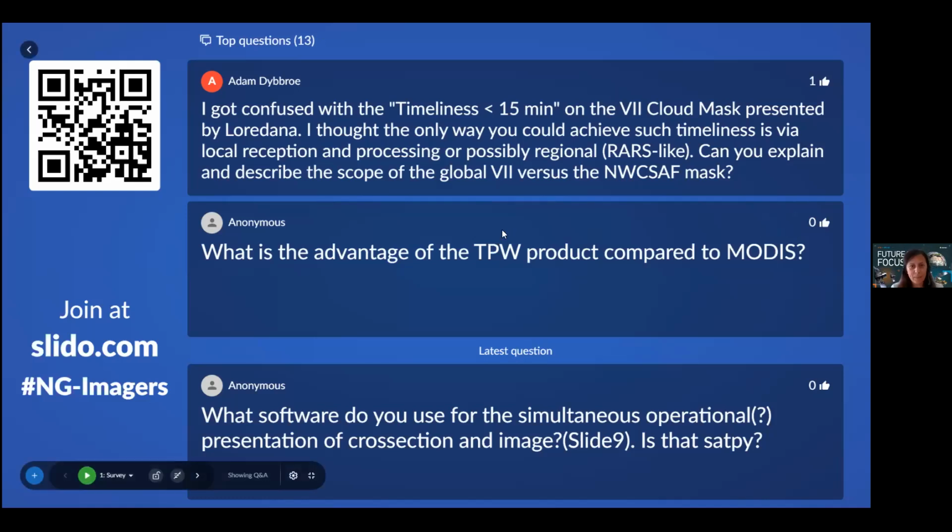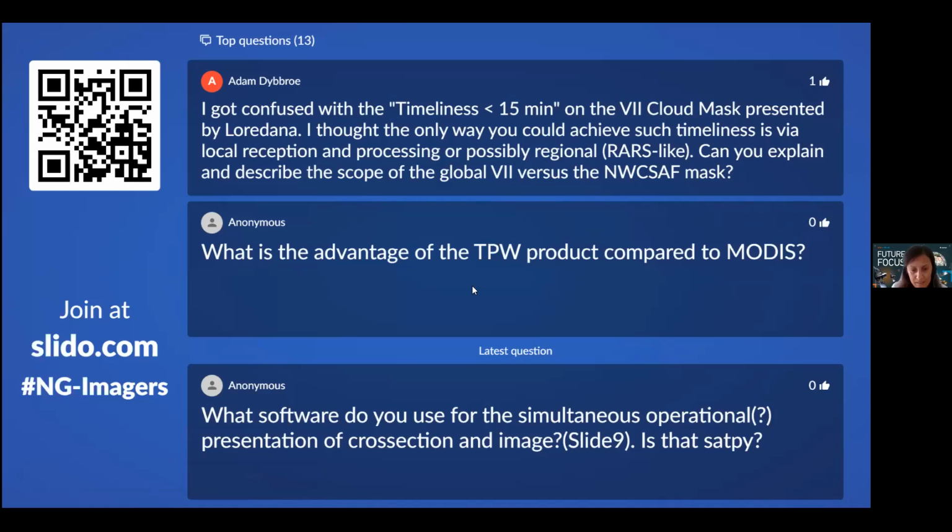The EUMETSAT cloud mask produced at the central facility is primarily intended to serve the processing of other products from, for example, 3MI, Sentinel-4, Sentinel-5, and so on.